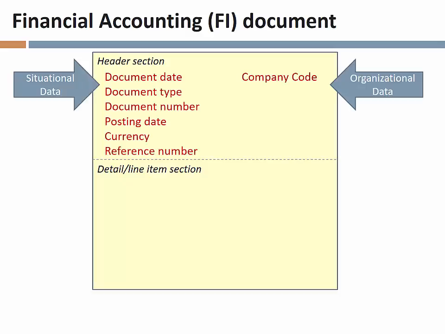So just like other documents that we have looked at, there is a header section and a detail or line item section. And in the header section of a financial accounting document, you'll see a document date, you'll see a document type, and we'll describe more about what that is in a moment.